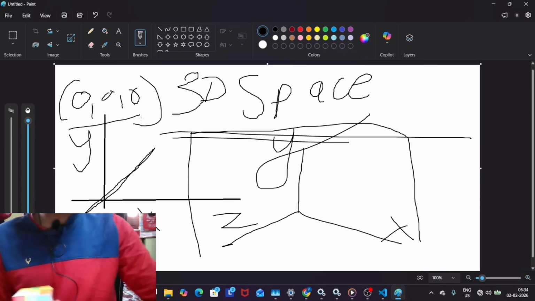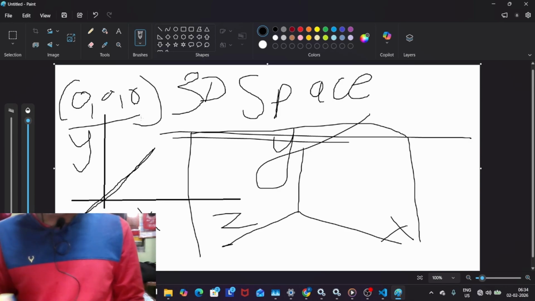Every point on a cube is represented by x, y, z.